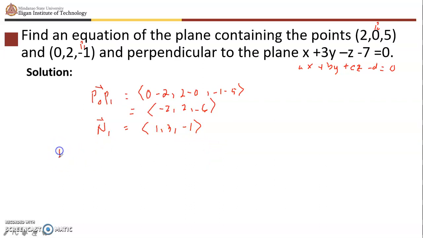And we take the cross product between p sub 0, p sub 1 with n1, equals cross product with negative 2, negative 6, and 1, 3, negative 1, should give us i, j, k.